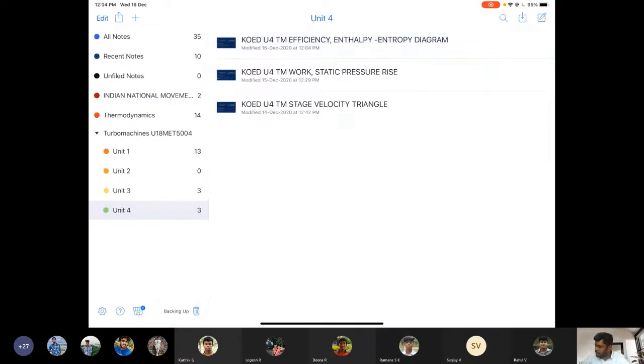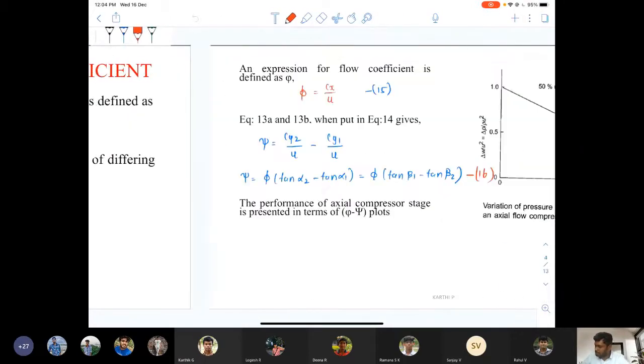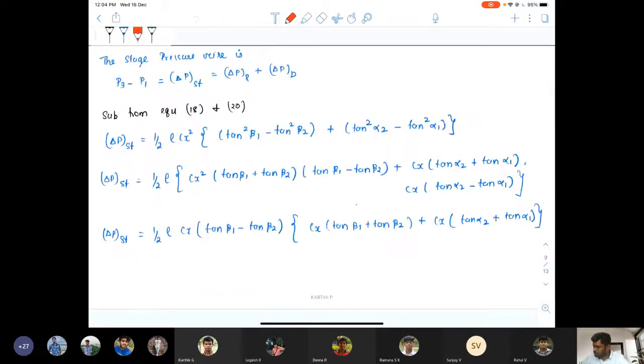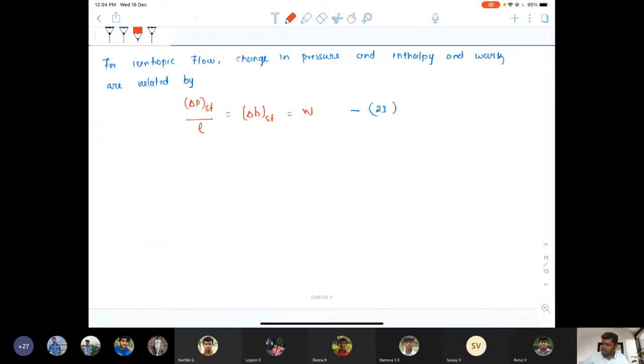In the static pressure rise, we came across a relation which is delta P of stage divided by rho is equal to delta H of the stage is equal to W, and this equation is valid only for isentropic flow. The change in pressure and enthalpy and the work are related by this equation.